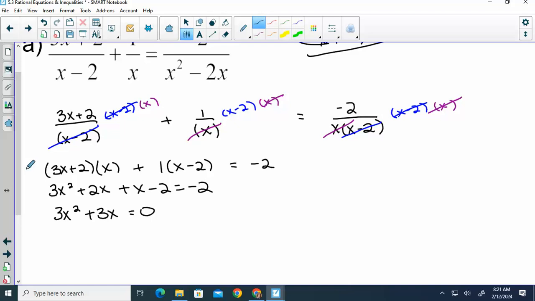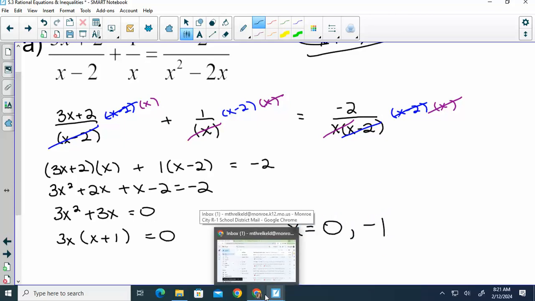Now what? You gotta factor out 3x. That leaves us with x plus 1. So if we set those equal to 0, we get x equals 0 and negative 1.